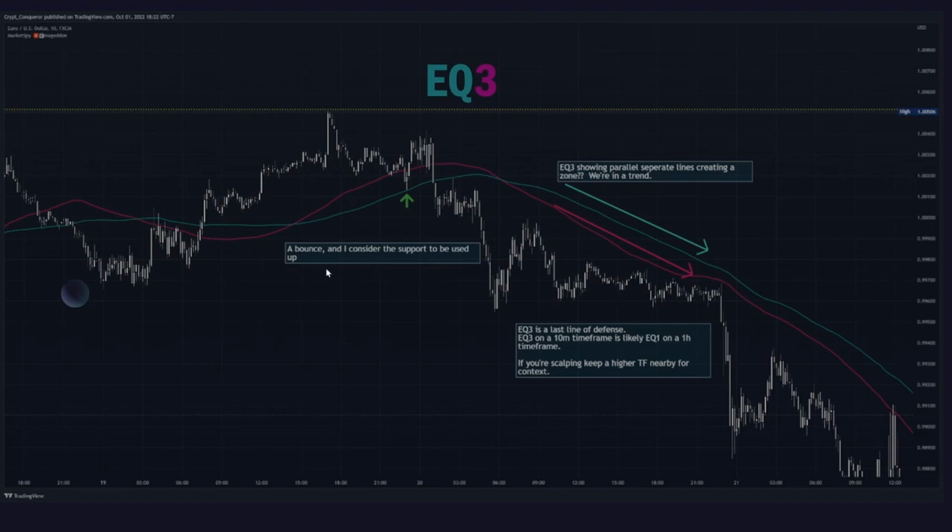When they're on an angle that is parallel and they're spaced apart, that's when the trend is strong, and that's when they're going to actually work as supports or resistances. And then once they flip, once the baseline 4 in this example is crossing over 3, that's when it turns bearish here, and then it provides the support again.